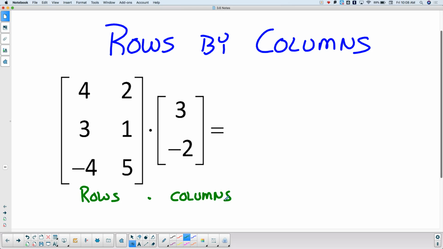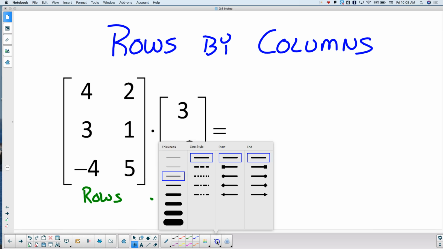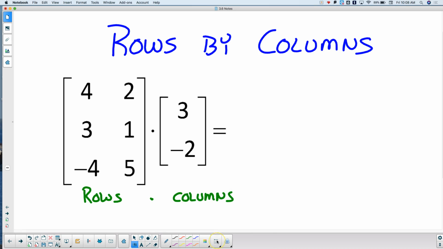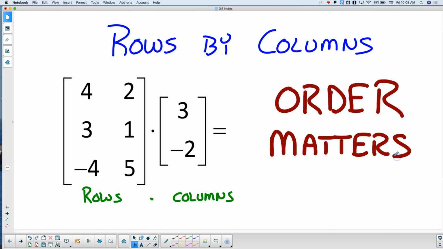And we can only do two at a time. Okay? Now, the kicker with matrix multiplication is that it is the only time in math when you are multiplying that the order that you multiply in matters.